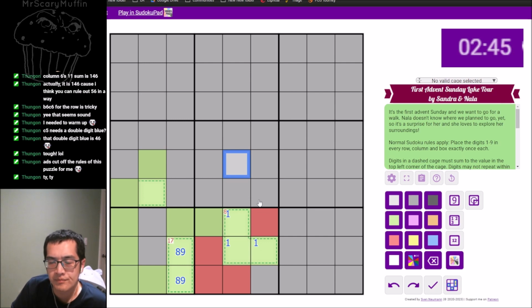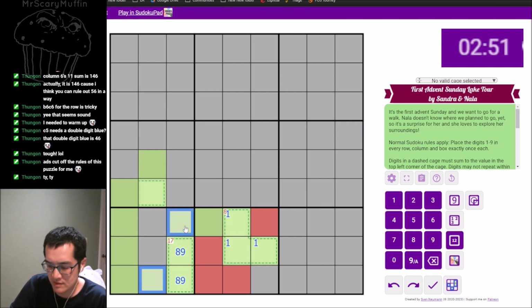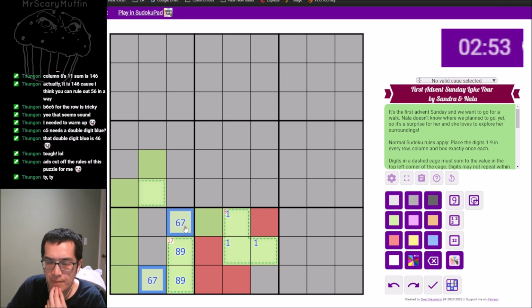And now, one of these has to be a 7, because this is a 9. So one of these has to be 7, and the other one has to be a 6. And then the 6 connects to a 4 or a 5 here.